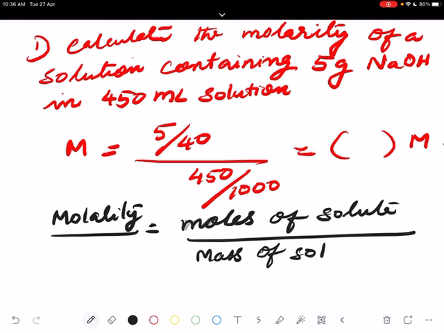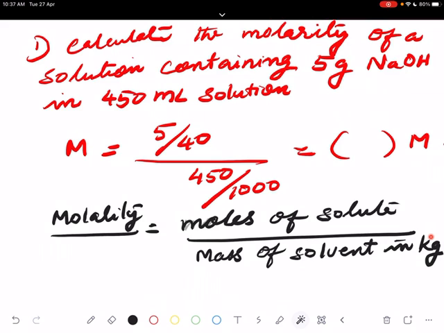If it is given in grams, you have to convert it to kg. In the case of molarity, it was volume of solution in liters. Here it is mass of solvent in kg.